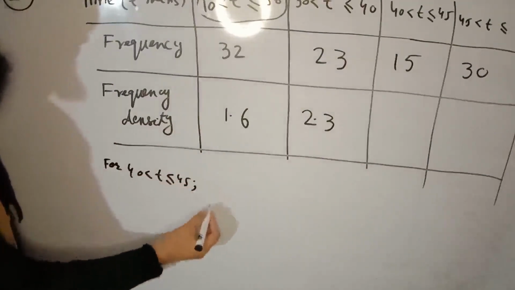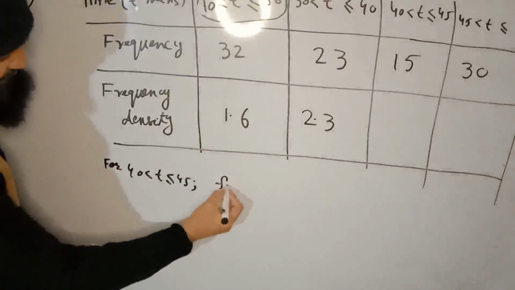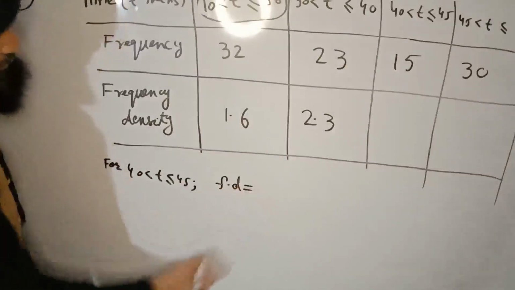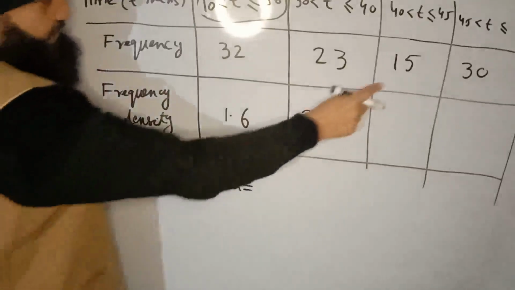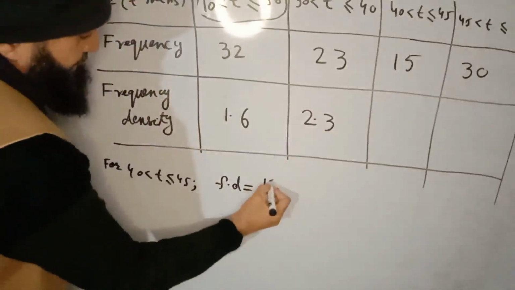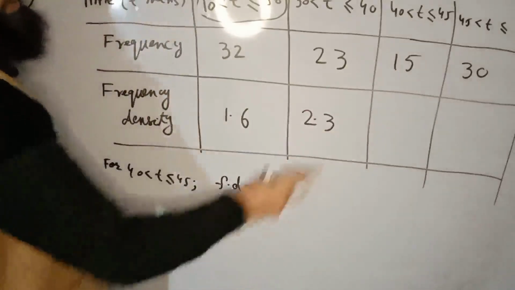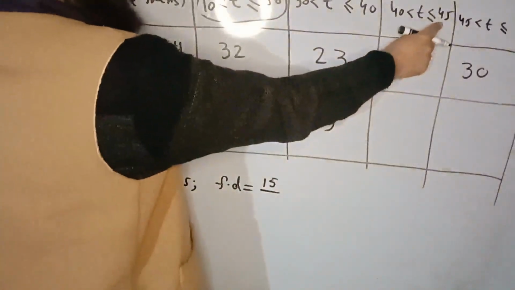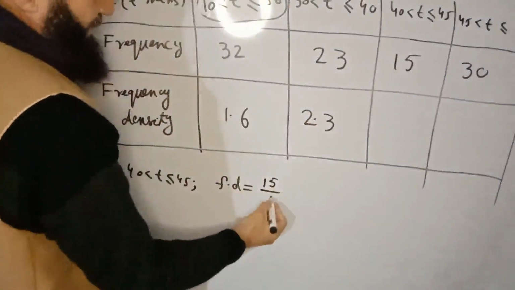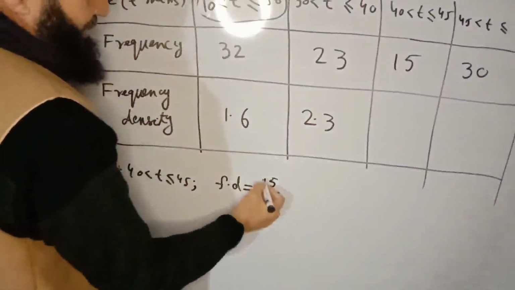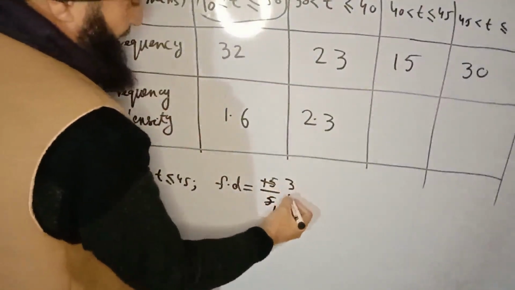We have frequency density is equal to frequency, 15, divided by width of interval. 45 minus 40 is 5. So frequency density will become 3. So it means there should be 3 here.